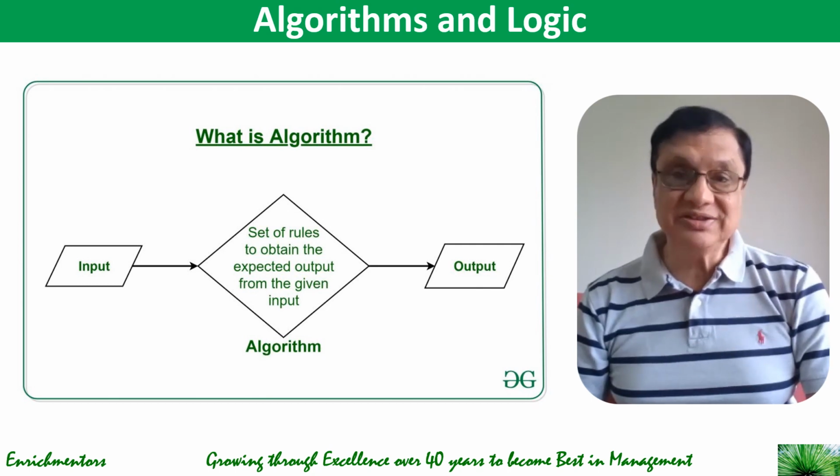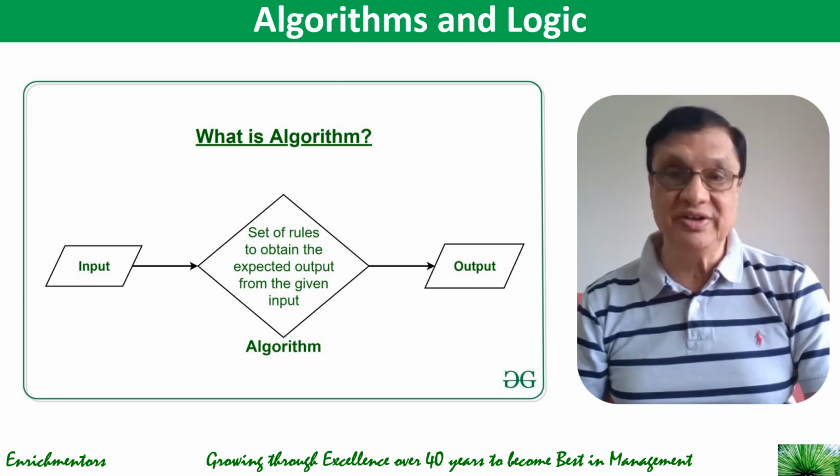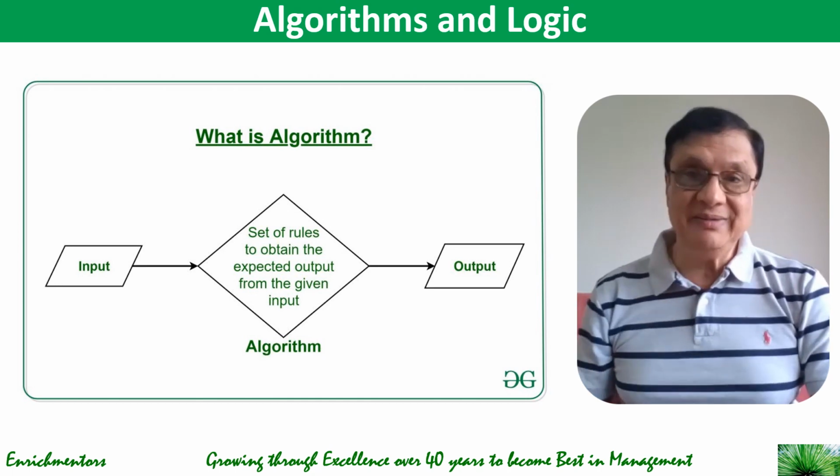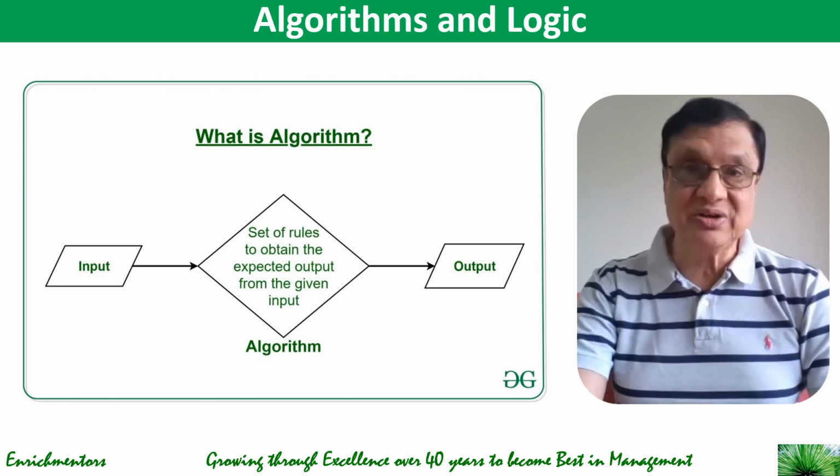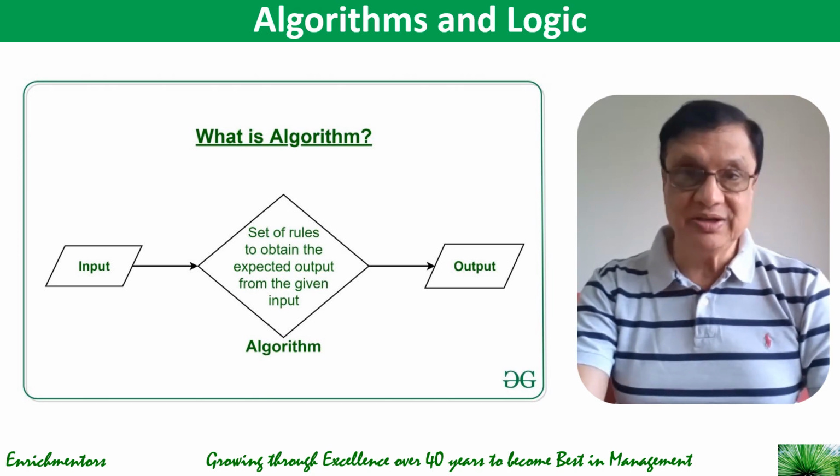This is the simplest form of algorithm. Now, there can be more complicated algorithms that you can create as you learn. So first, understanding and implementing how to design an algorithm is one important thing that you need to learn, one of the basics that you need to learn.